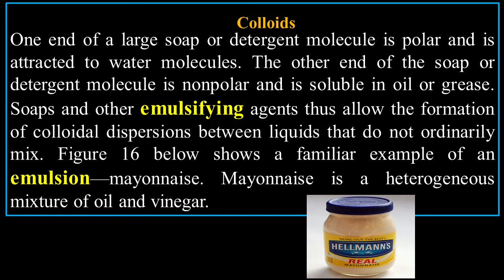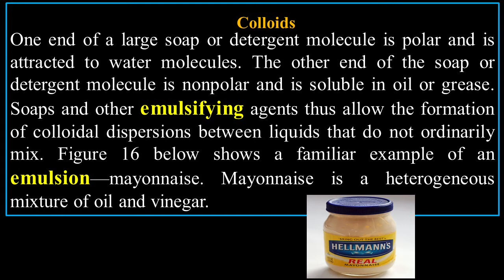Figure 16 below shows a familiar example of an emulsion, mayonnaise. Mayonnaise is a heterogeneous mixture of oil and vinegar, and it is in actuality the egg yolk which acts as the emulsifying agent that keeps everything well mixed.